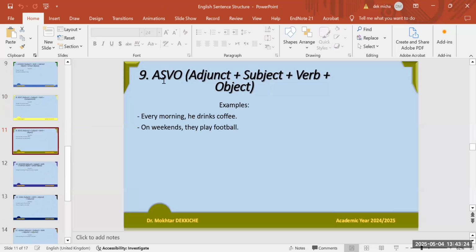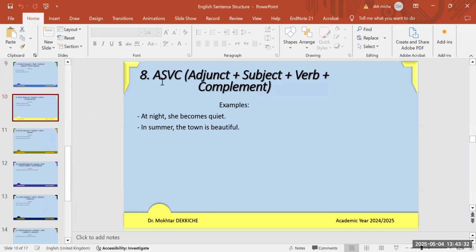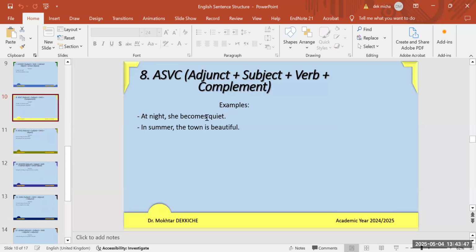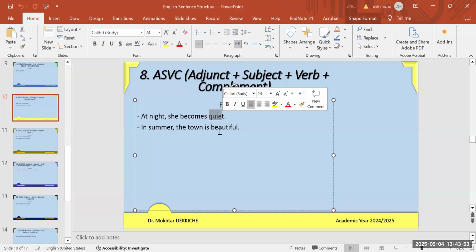Another structure is the following: adjunct, subject, verb, object. In the previous one, we said adjunct, subject, verb, complement. Here we have adjunct, subject, verb, and object. Every morning, he drinks coffee. Say at night she becomes quiet. Quiet here is a complement.